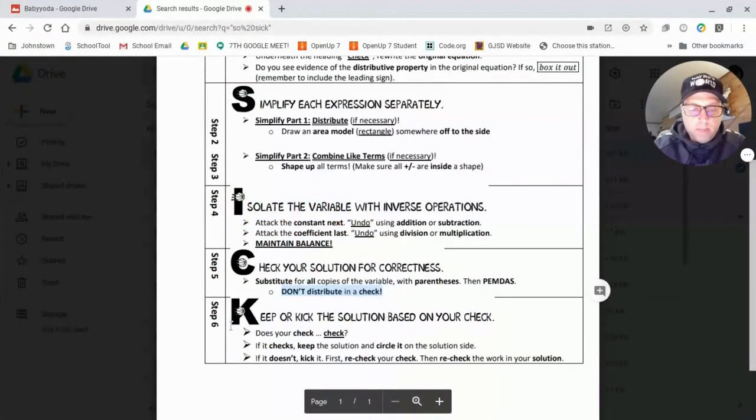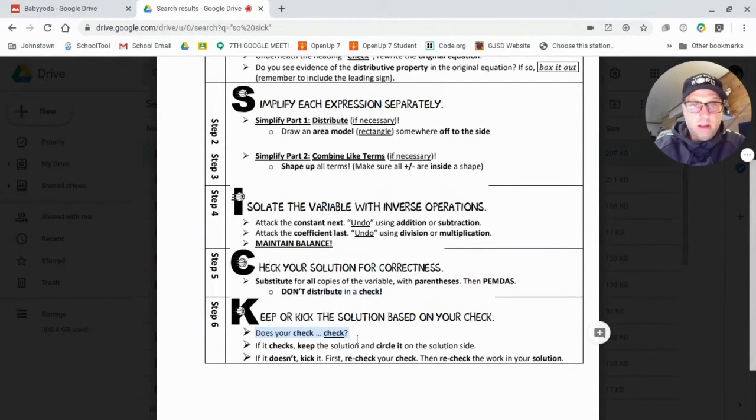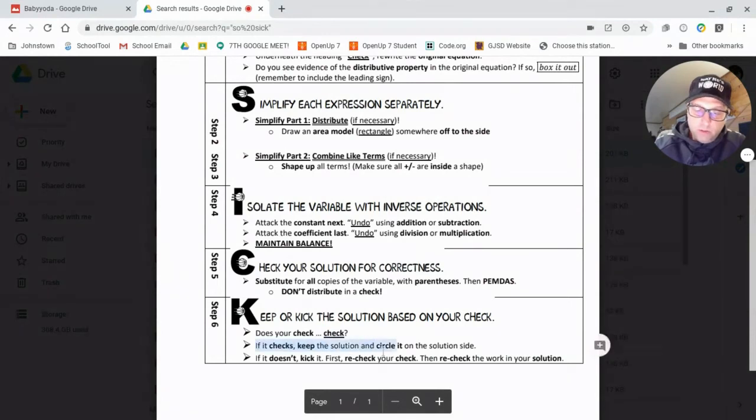And then the last step, step 6, is K. Keep it or kick it. Well, does your check check? It does, right? If it checks, keep the solution and circle it on the solution side. If it doesn't check, kick it out. But the first thing you should do, because I've seen this and I've done it a whole bunch of times myself, is that sometimes if your check doesn't check, you made a math mistake in your check. That solution could be great, but you just made a silly mistake when you checked it.